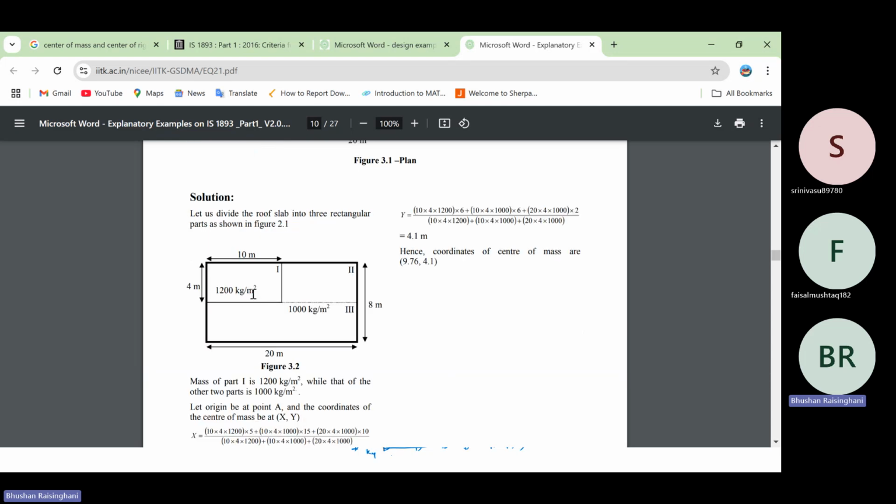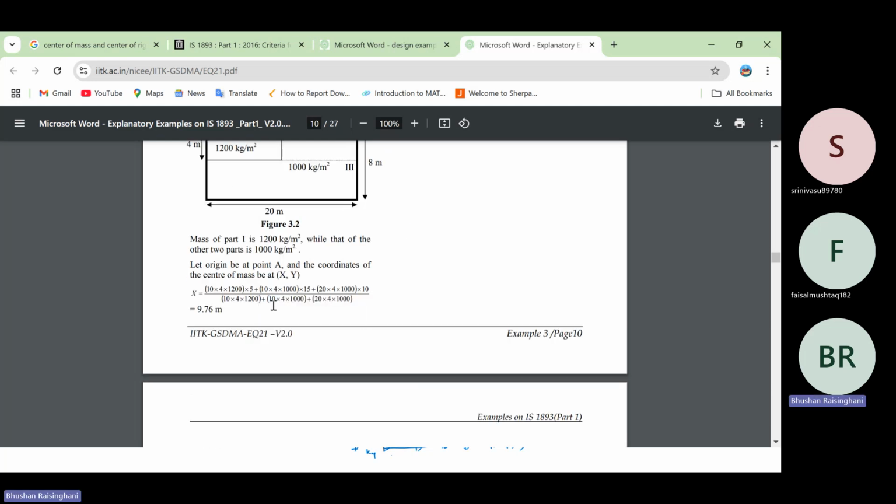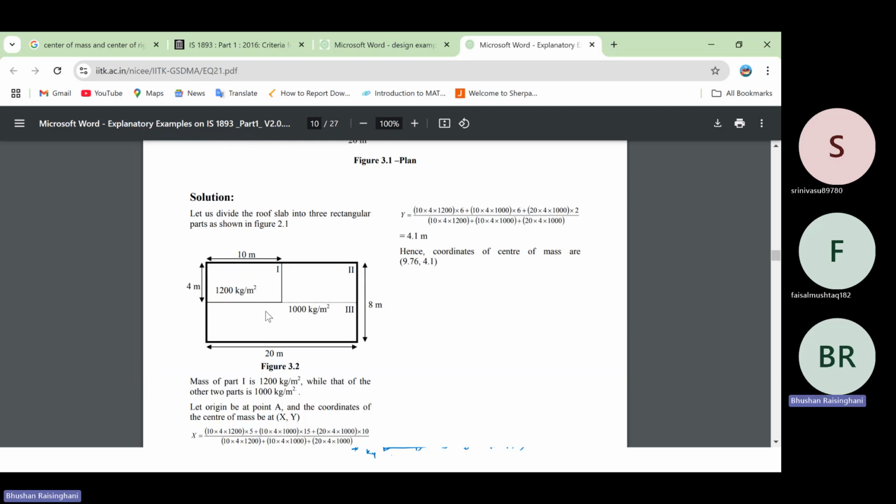So they are converting the meter square into your kg, which is M1, then 10 into 4 into 1000. Again, that is the same, this much portion they have added. So this is your M1, which is estimated in kilonewton.